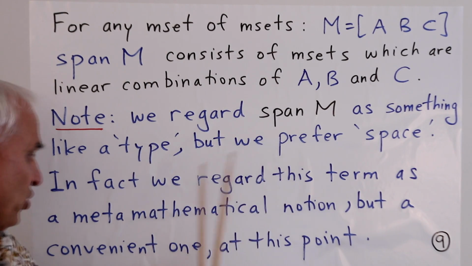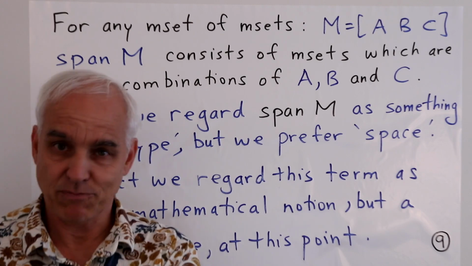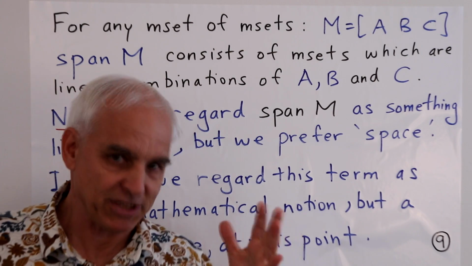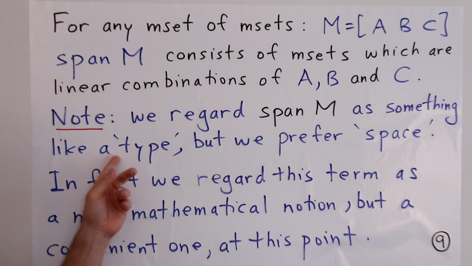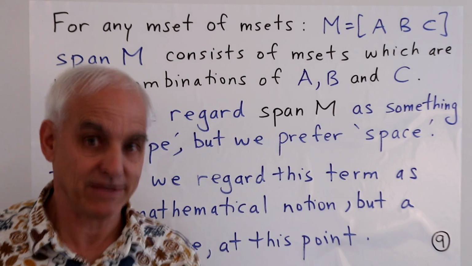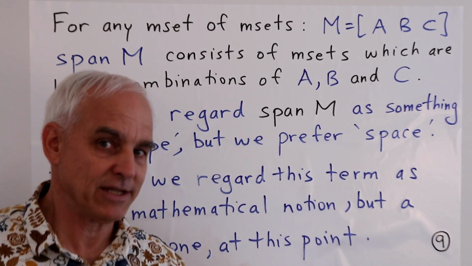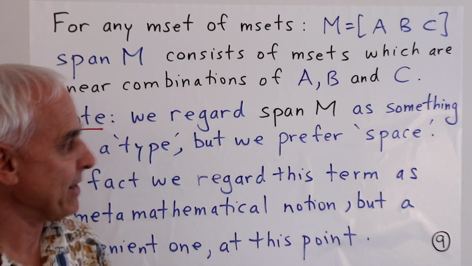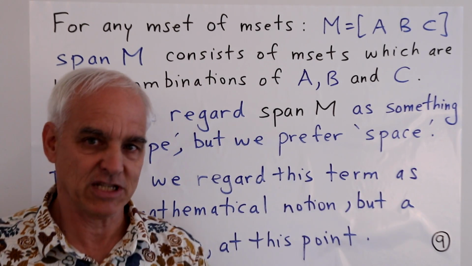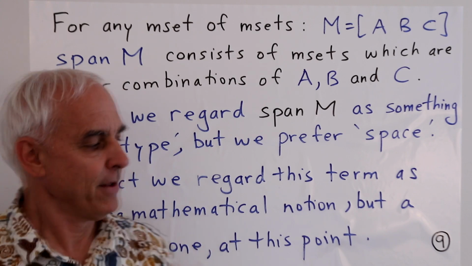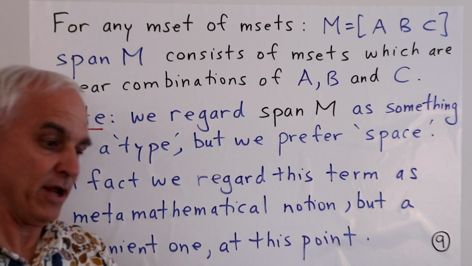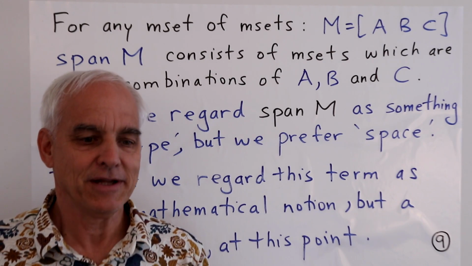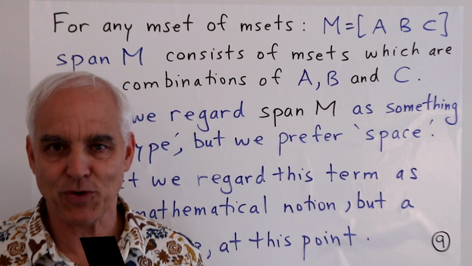So we're going to regard this term as a meta-mathematical notion at this point. We're not going to define precisely what space means, just as we haven't really defined precisely what a type is. We've just been using this a little bit informally, and we're going to do the same kind of thing for space. But it's a useful kind of terminology, I think, and it connects with the usual terminology in linear algebra.